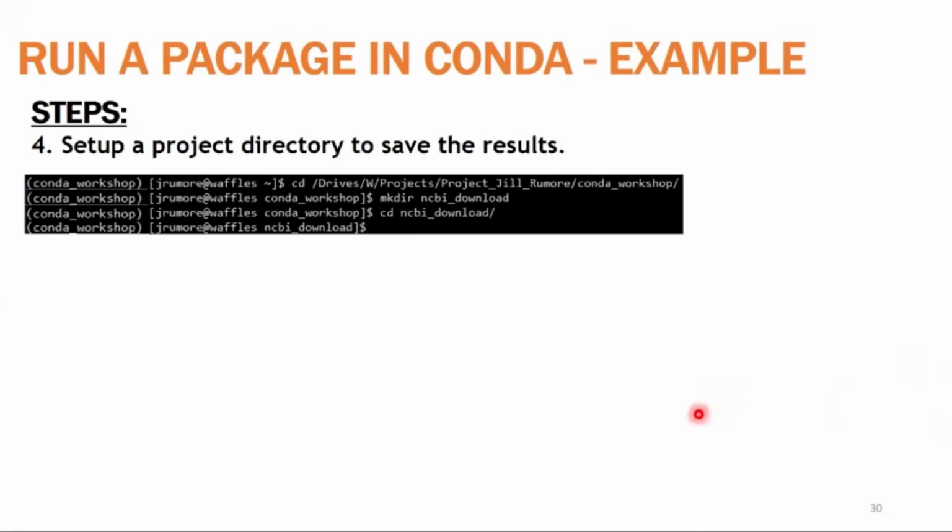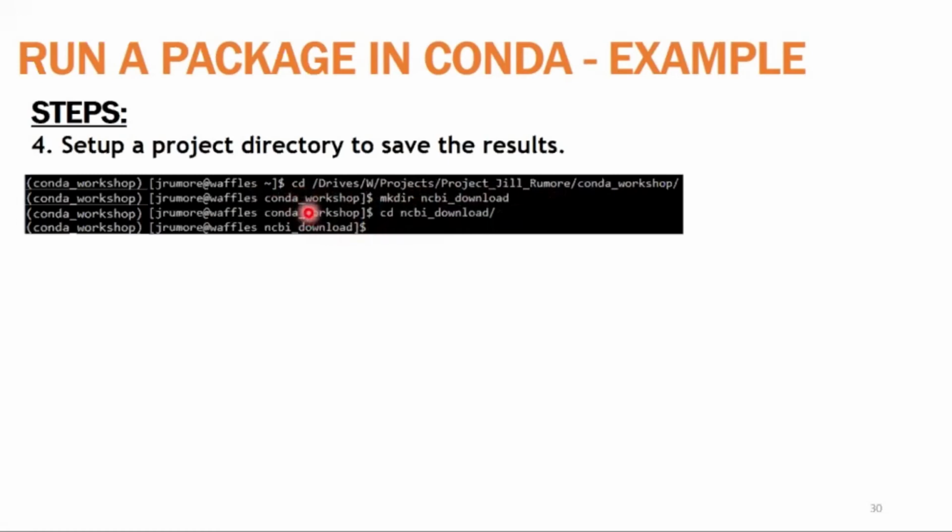So in the example shown in the slide, I'm navigating from my home directory, which is indicated by the tilde beside my name, to the Conda workshop directory, which is located at the following path, and I do this using the cd or change directory command.